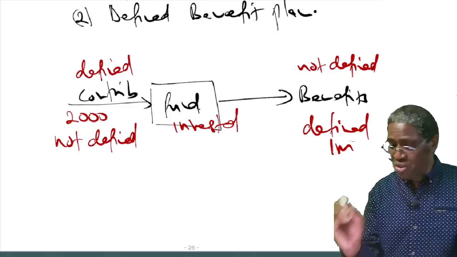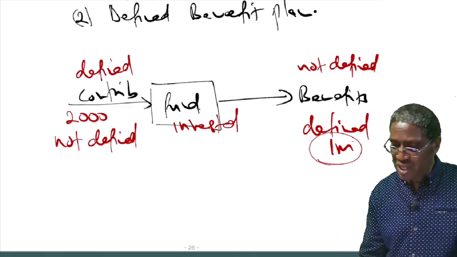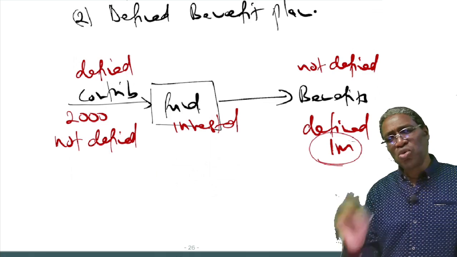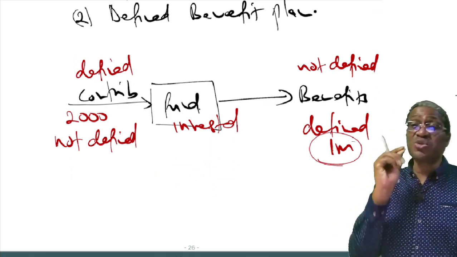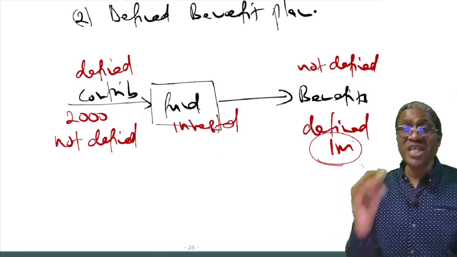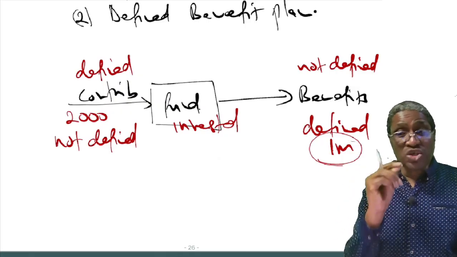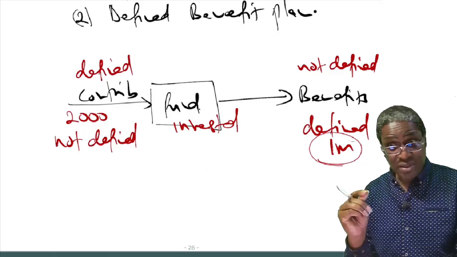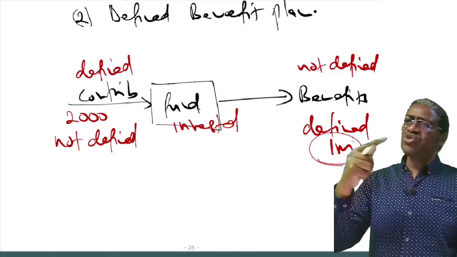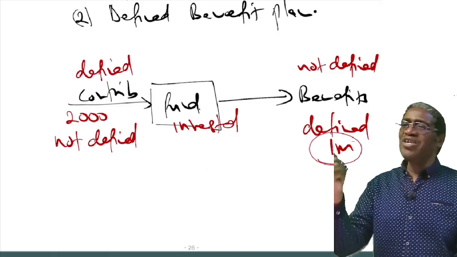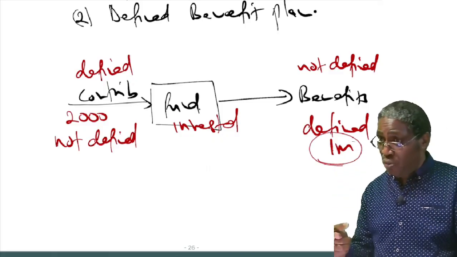Remember, the obligation is to pay 1 million shillings at the date of retirement. So you as a company make that contribution which is expected to earn enough return. Don't forget, the contributions are invested. So make that contribution which is expected to make enough return in order to meet this future obligation.